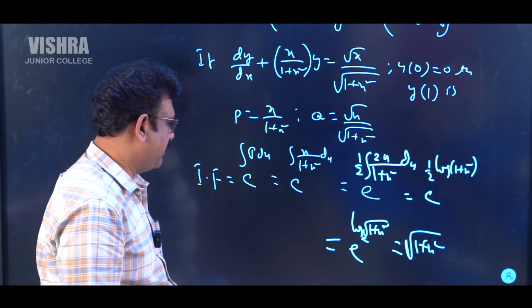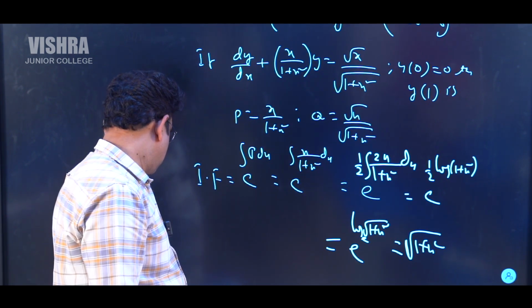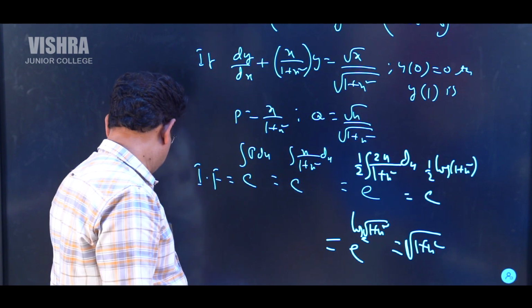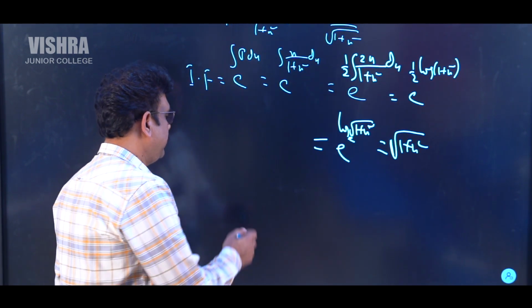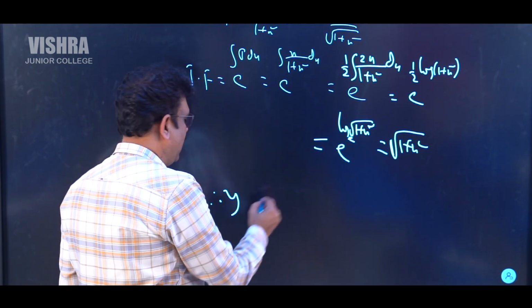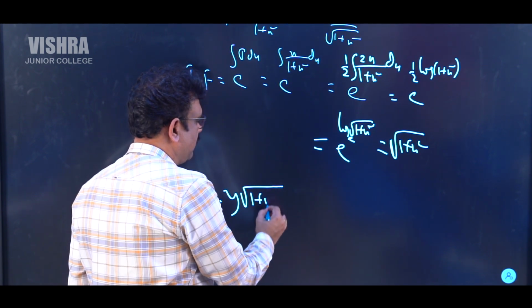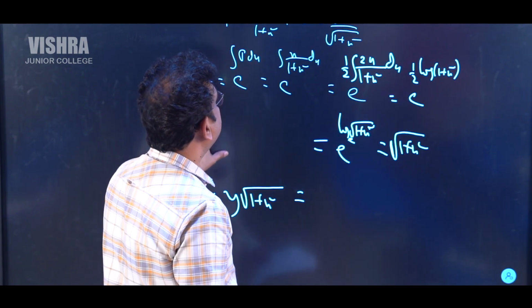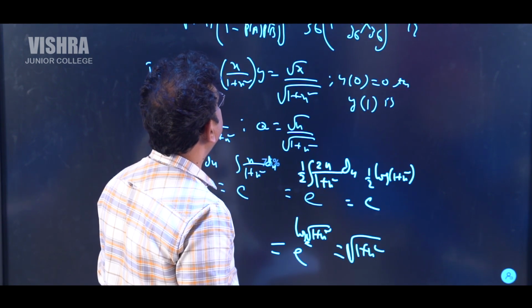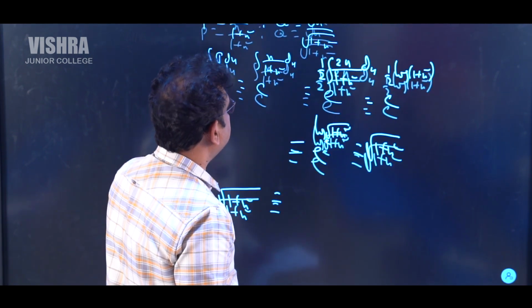So now y into integrating factor root of 1 plus x square is equal to integral of root x by root of 1 plus x square into root of 1 plus x square.